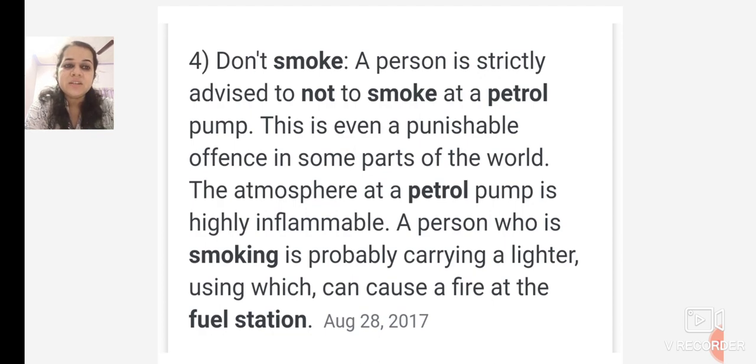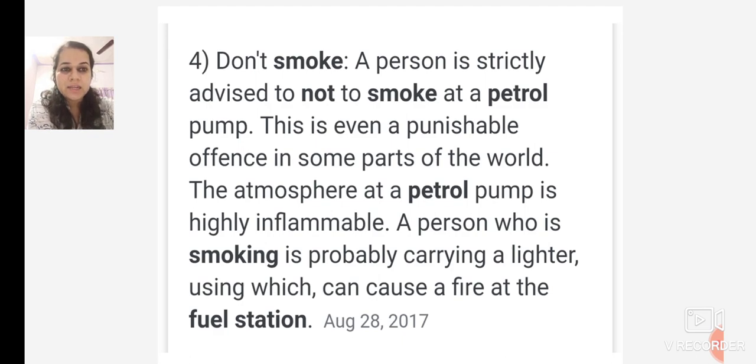The atmosphere at a petrol pump is highly inflammable. Highly inflammable means which catches fire very fast. A person who is smoking is probably carrying a lighter. Without a lighter, you cannot burn the cigarette. A person who has to burn a cigarette is carrying a lighter, which can cause a fire at a fuel station, meaning a petrol pump.